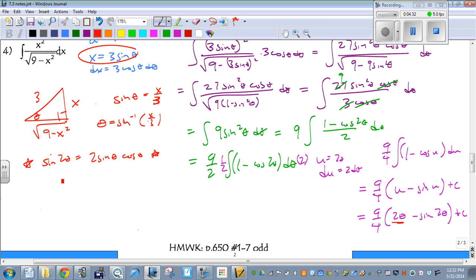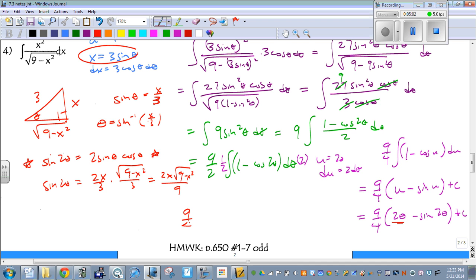So sine of 2 theta is going to be 2 times sine of theta, which we know is x over 3, so 2x over 3, times cosine of theta, adjacent over hypotenuse, so the square root of 9 minus x squared over 3. So we end up with 2x times the square root of 9 minus x squared all over 9 for the sine of 2 theta. So we can substitute those things in here to give our final answer.